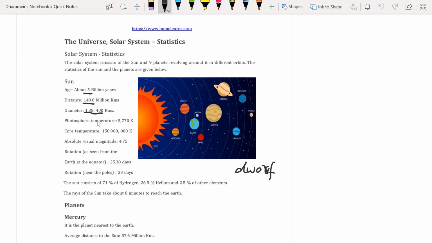What is the photosphere temperature? The sun's photosphere temperature is 5770 Kelvin.